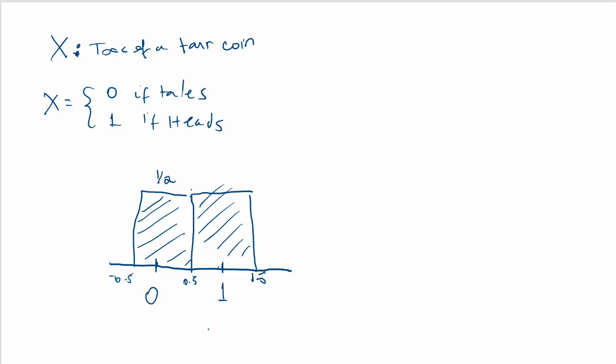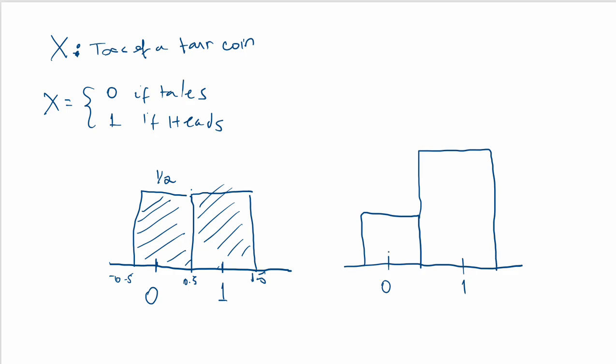Now, what if I showed you a histogram like this? I tell you that this is a toss, and I show you this. What can you tell me about this histogram?